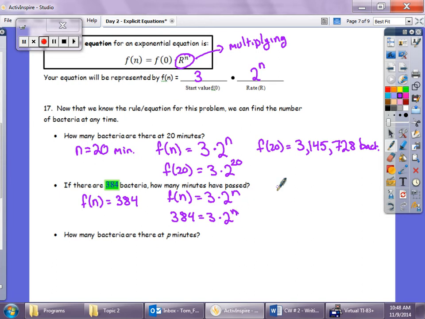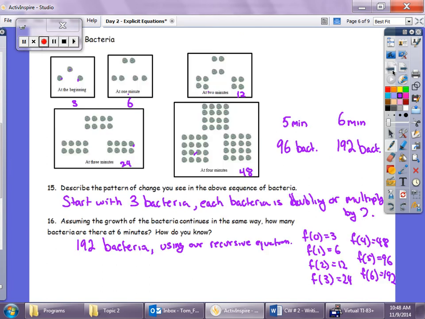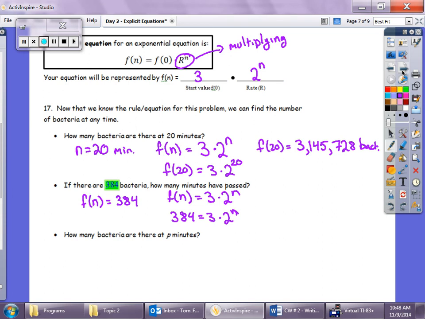Well, you could set up a table. If we know that f of 6 is 192, we could continue that pattern. So we can make a table.